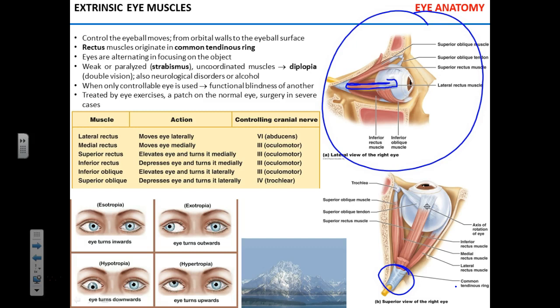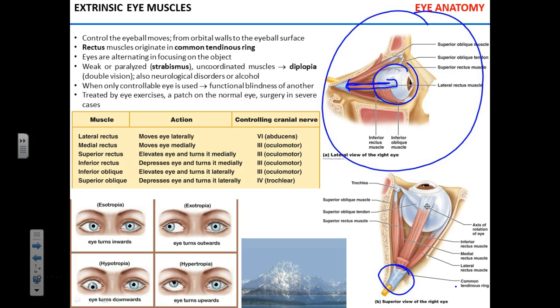You see that muscle originates in a tendinous ring, and its insertion site is the eyeball. How do you know what's going to happen to the eyeball? How do you know what this muscle does to the eyeball? What do you have to do? You have to hypothetically pull on that muscle. Shorten it and see what happens.